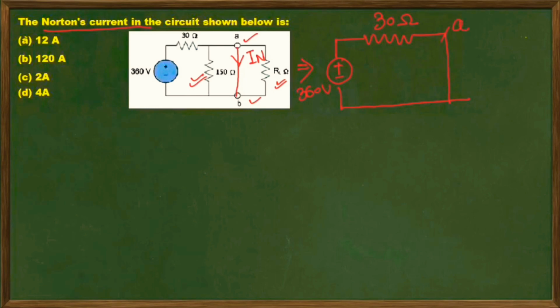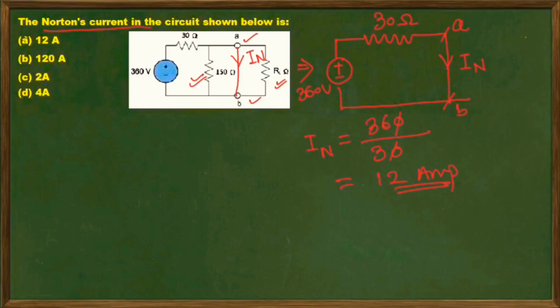Let me mark this as A and this as B. So this is your Norton's current or short circuit current. Now the Norton current or the short circuit current can be found just by applying Ohm's law, that is total voltage divided by total resistance. So by cancelling this we got 12 ampere.